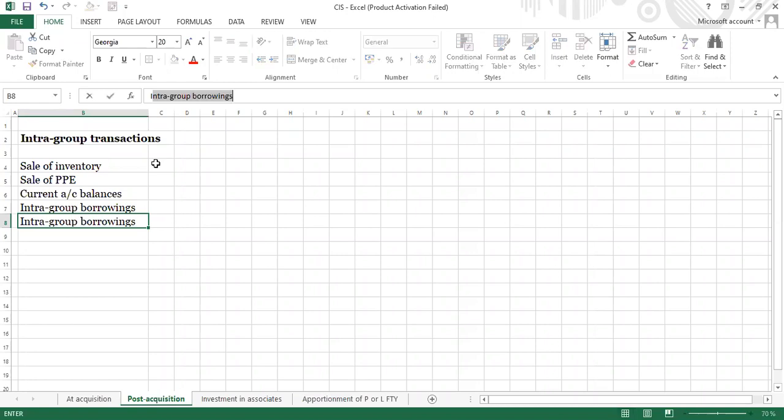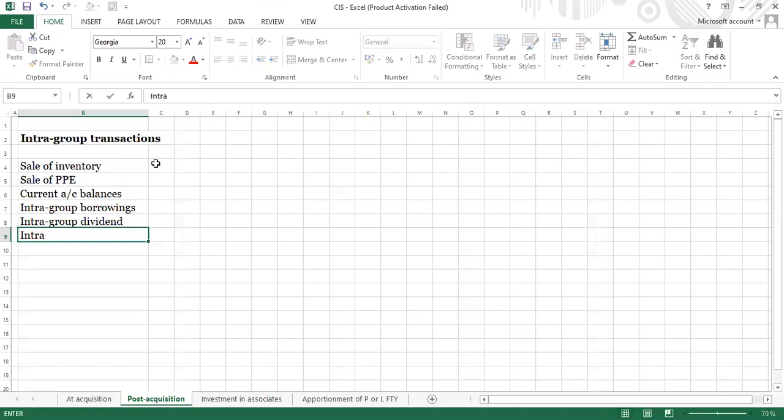Apart from intra-group borrowing, we can also have intra-group dividend. Intra-group dividend is not far-fetched. Remember, it was the parent that invested in the subsidiary. So at some point in time, the subsidiary will pay dividend and the parent will actually benefit from that dividend. So that is intra-group dividend.